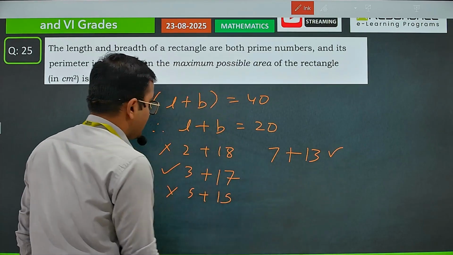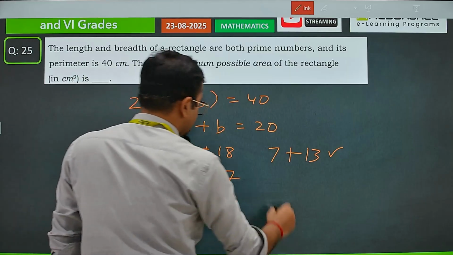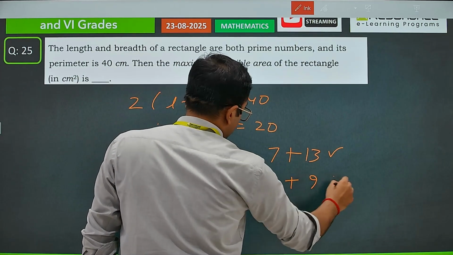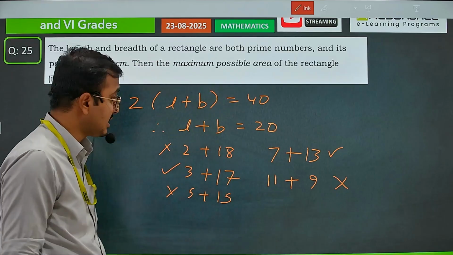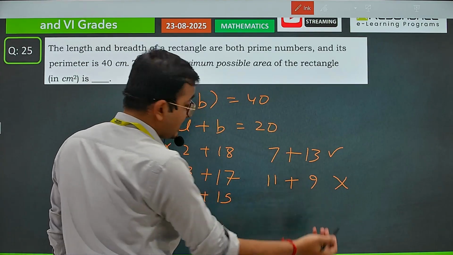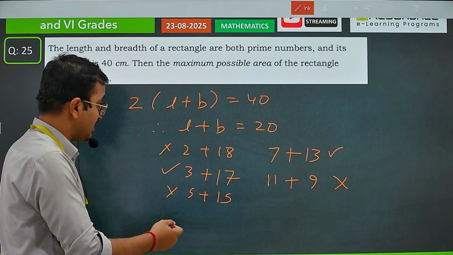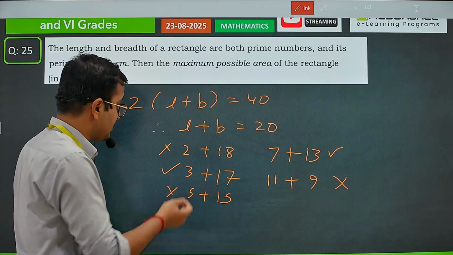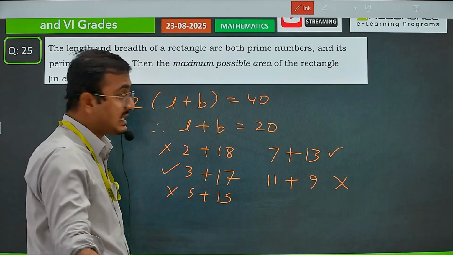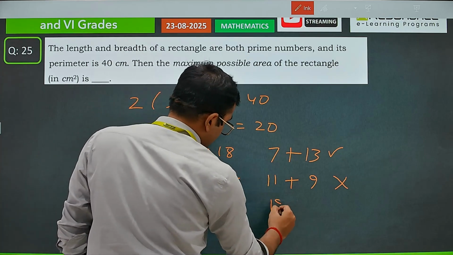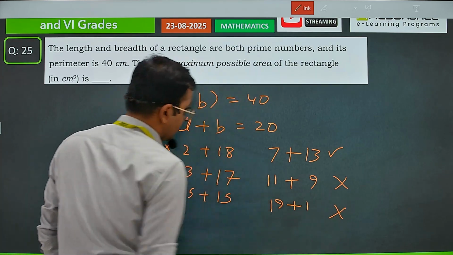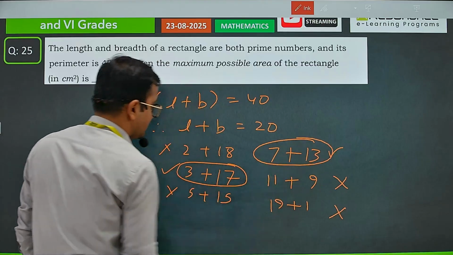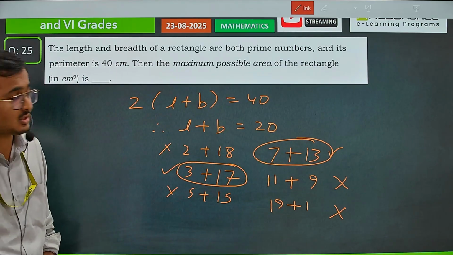And then last, 11. 11 plus 9. Nope, that won't work. Then 13 we have already taken. 15, not a prime number. 17, a prime number. 19, last option. 19 plus 1, not possible. So only two possible values are this and this. These are the only two possible values.